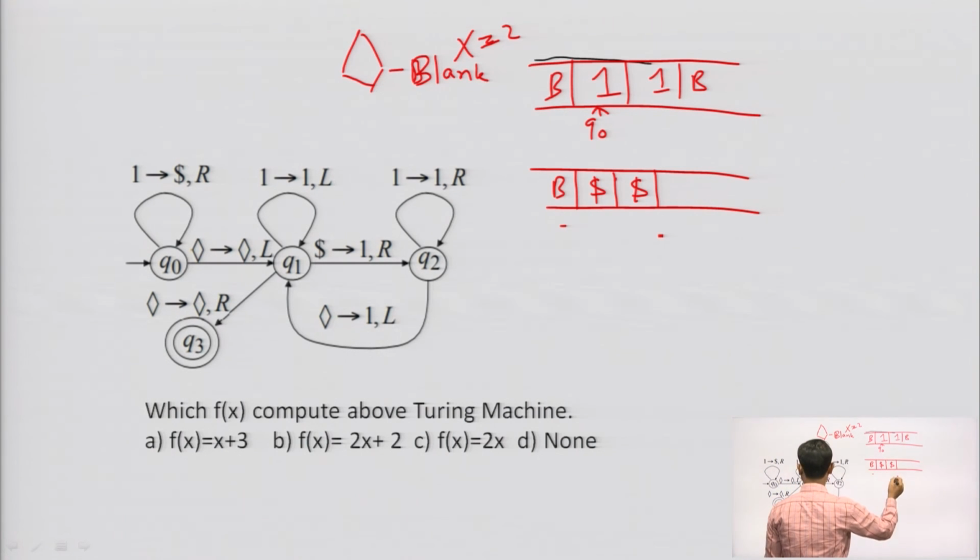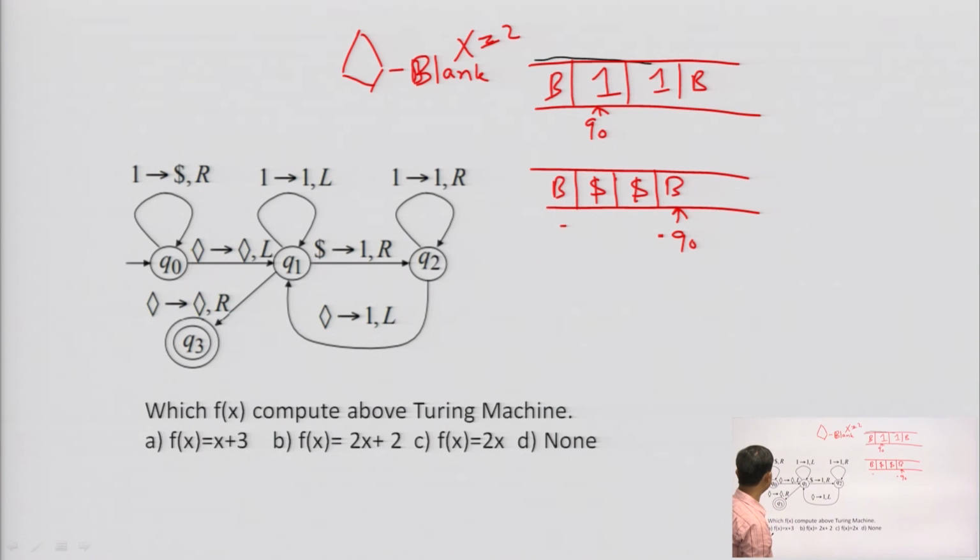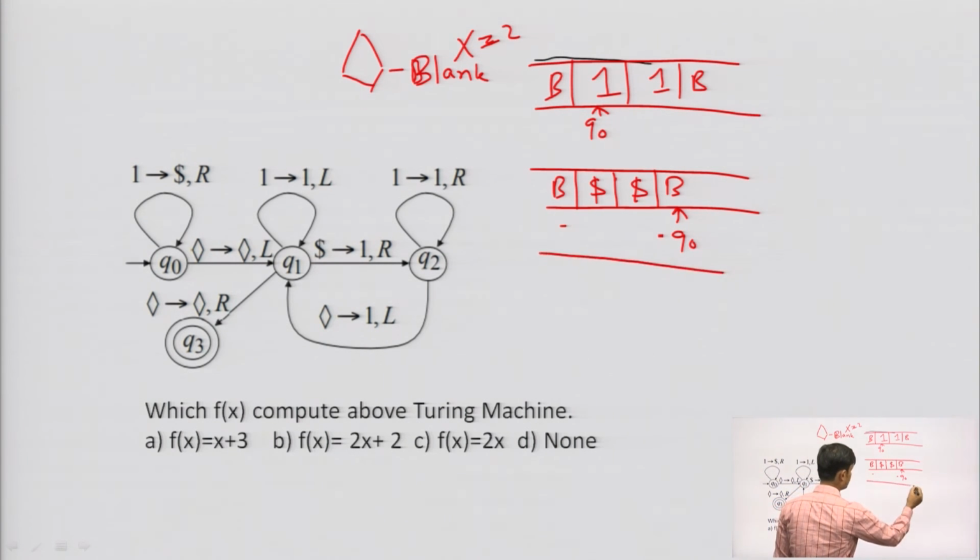Now q0 points to blank, so you have to move left.